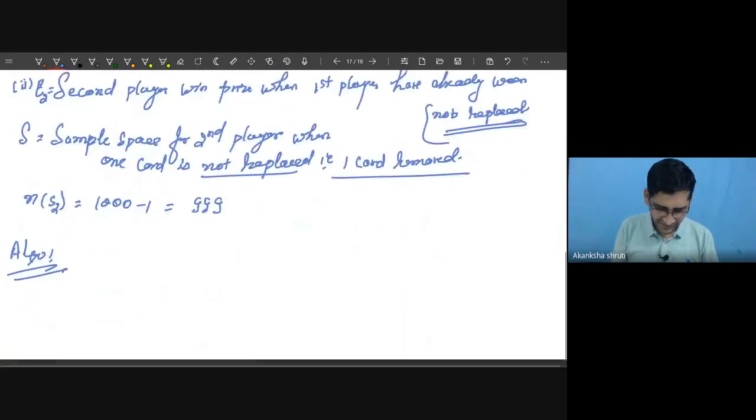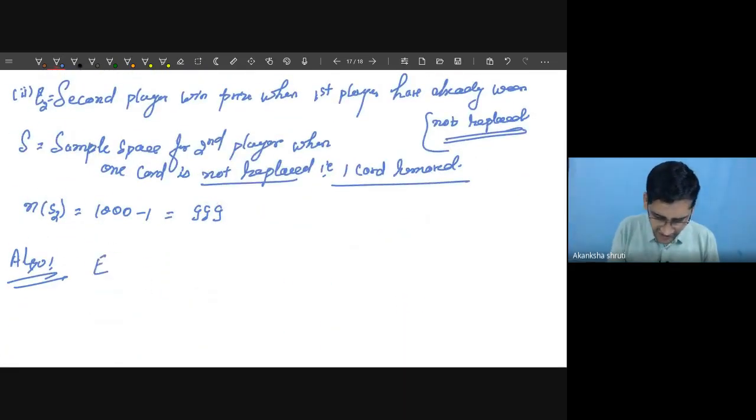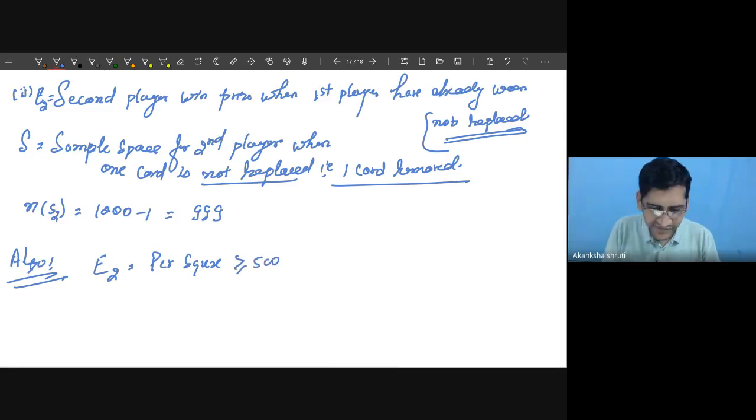So right, the event E2 is: perfect square greater than 500 and 1 card is removed.